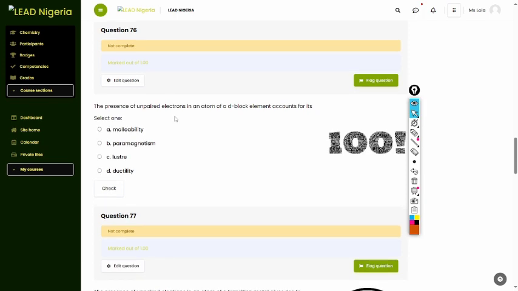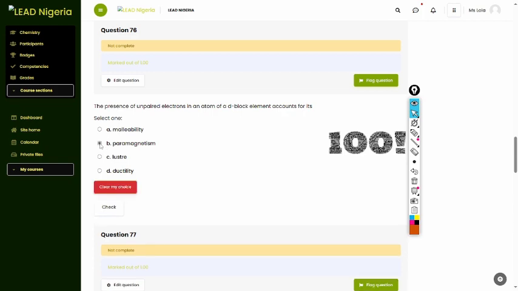Alright, 76. The presence of unpaired electrons in an atom of a d-block element accounts for... So the correct answer here is paramagnetism. Paramagnetism is influenced by the number of unpaired electrons in a d-block element, because the higher the number of unpaired electrons, the higher the paramagnetism.